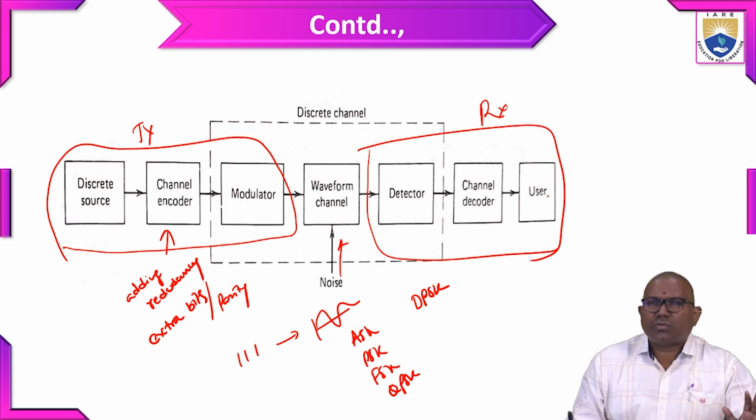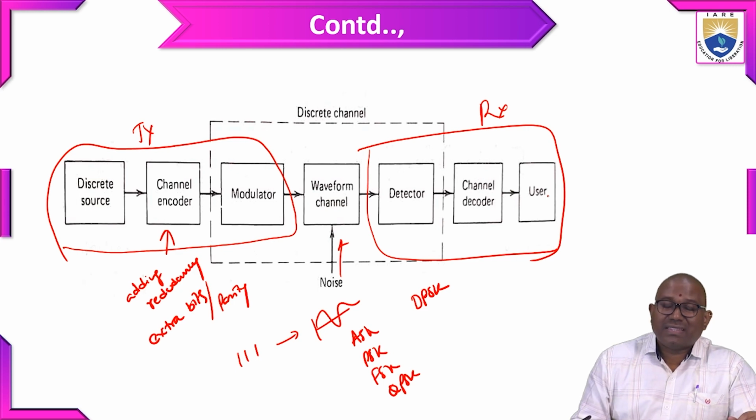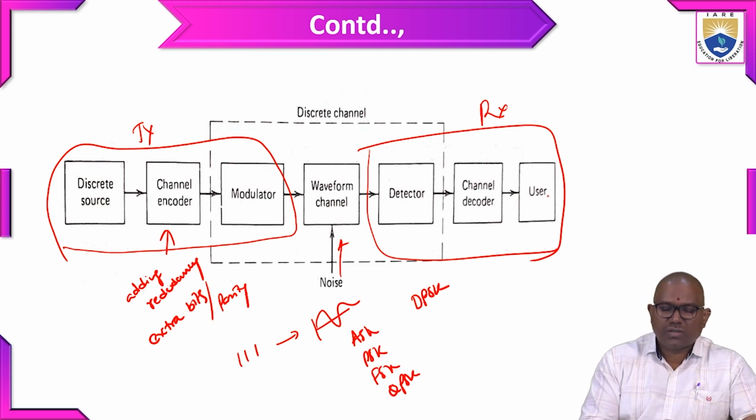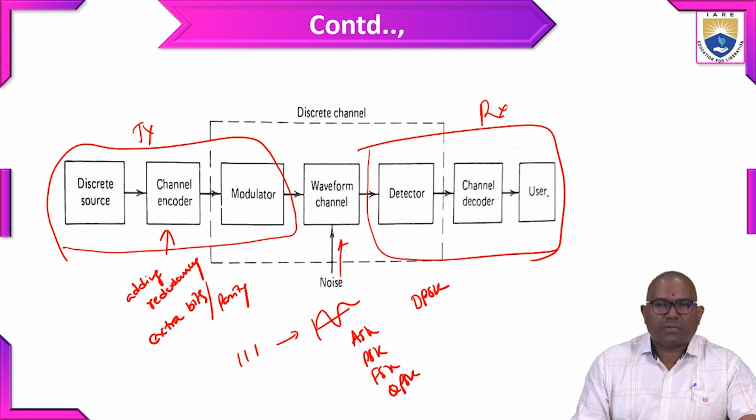The user only requires the information sent by the transmitter. That's why the additional bits are removed at the channel decoder. Finally, the information bits are delivered to the user. So this is the transmission model of error control coding.